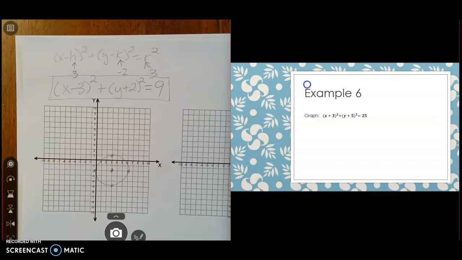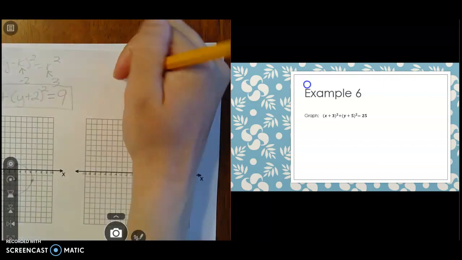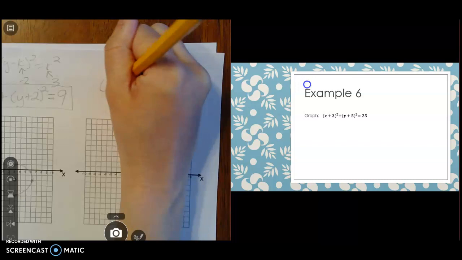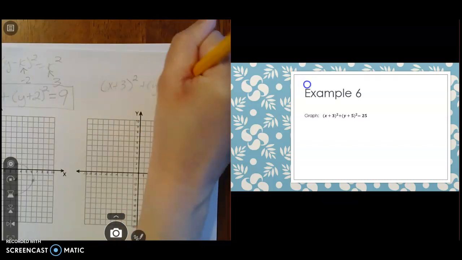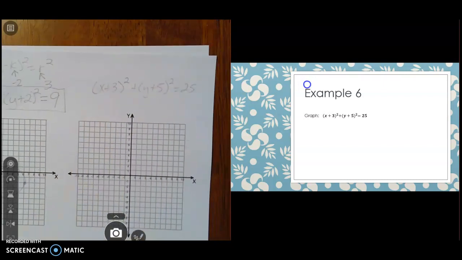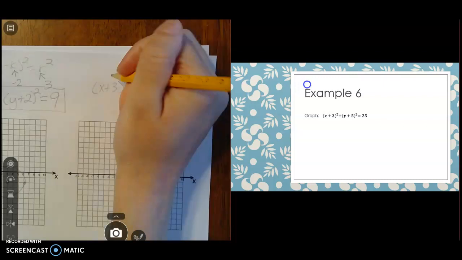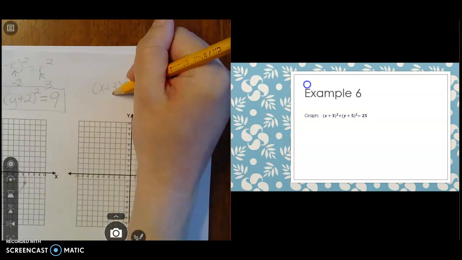All right, example 6 gives us the equation, and we get to graph it. So the equation in part 6 is x plus 3 squared plus y plus 5 squared equals 25. All right, so from here, we need to get our information out of it. So remember, it's always x minus h squared. So it has a plus 3.